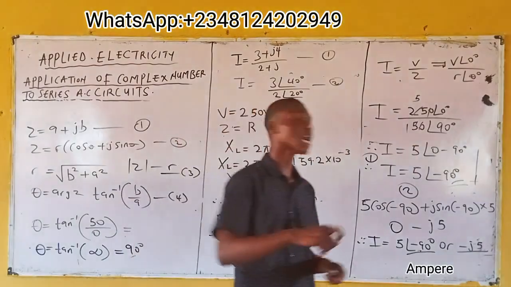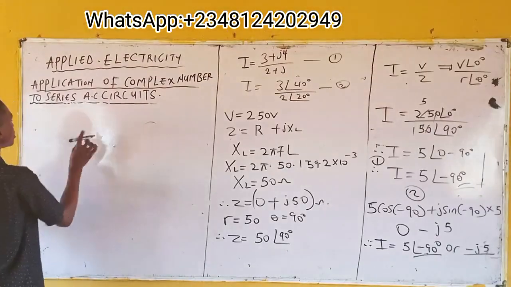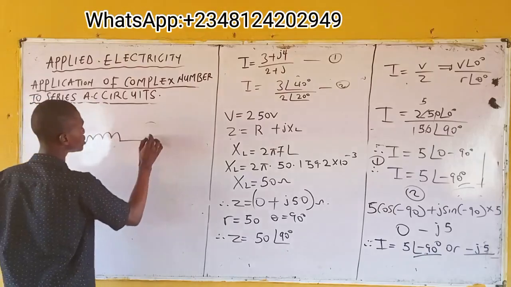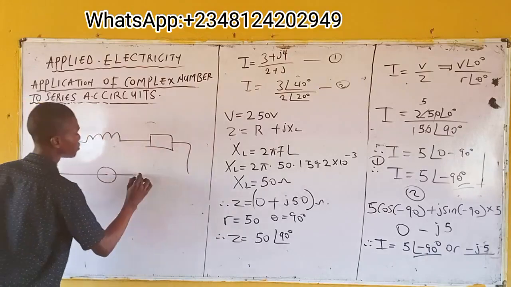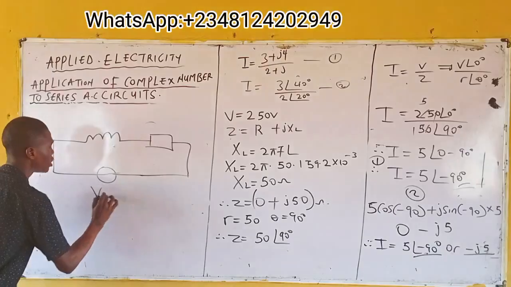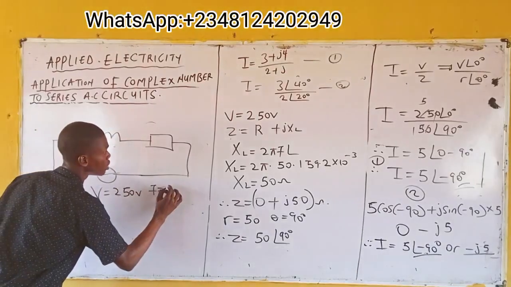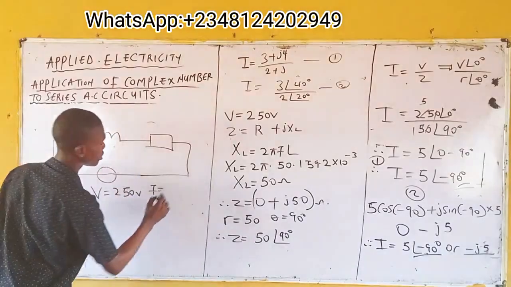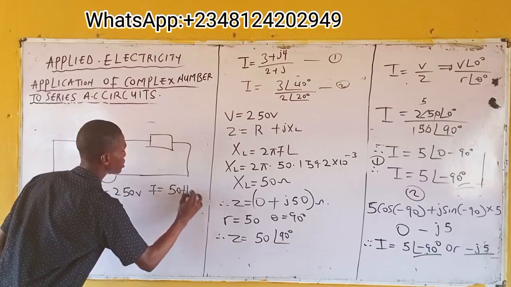So we join your diagram, substituting the value of the I that I've calculated. This is V. What is V? 250 volt. What's F? 50 hertz.